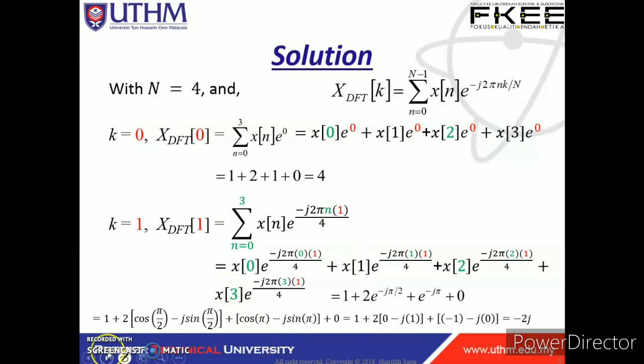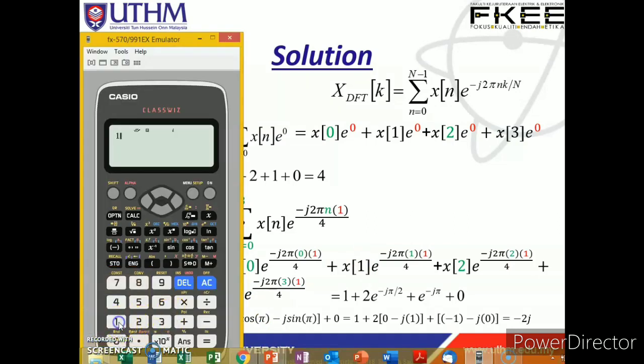Okay, let's see how we can calculate. 1 plus 2 exponent -j pi over 2 is equal to cos pi over 2 minus, because our j is negative form, so minus j sine pi over 2.